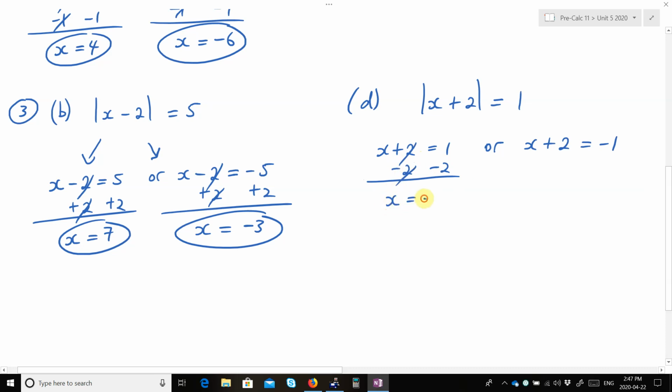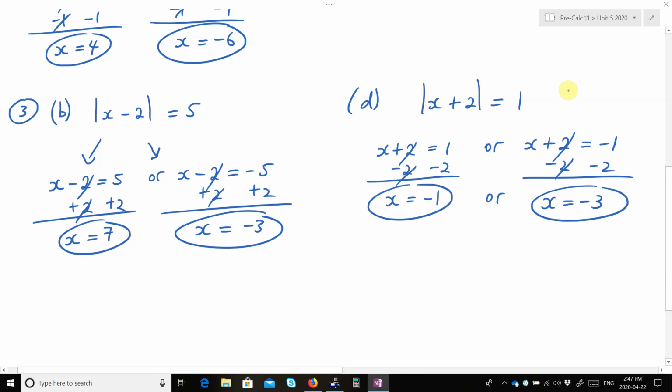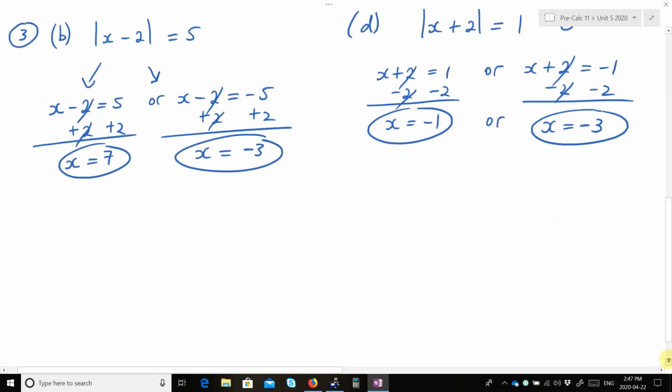In which case, we get x equals negative 1, or over here, x equals negative 3, and then go and check them out in the original. Negative 1 plus 2 is 1. The absolute value of 1 is 1. That works. Negative 3 plus 2 is negative 1, but the absolute value of negative 1 is 1. So both of those work.